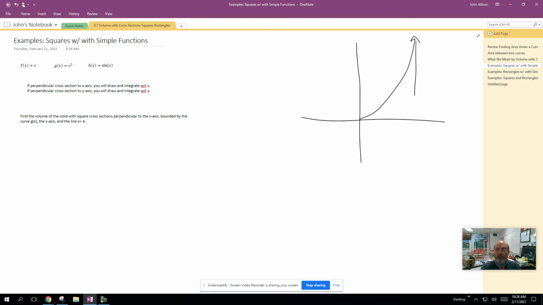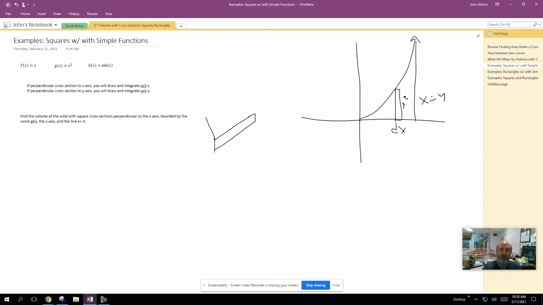So we're going to go from 0, where it intersects the x-axis, to x equals 4. If we take one of those rectangles perpendicular to the x-axis, whose width is dx and whose height is x squared, and I pull that out, we're going to have a square cross section.